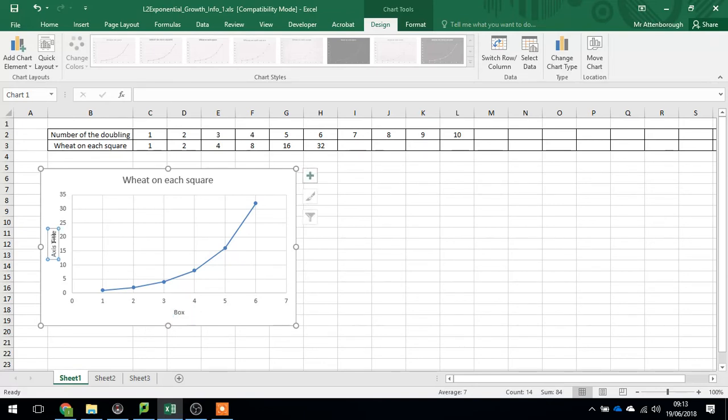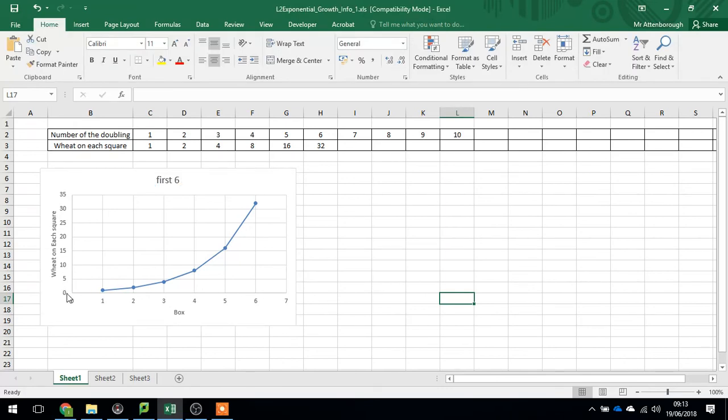And the y-axis, the one on the side, is, I've written wheat on each square, so I'll continue, but I think in the activity I said rice, but it doesn't matter. I'll put wheat on each square. The title, of course, is going to be, I did the first 6, so I'll just write first 6.